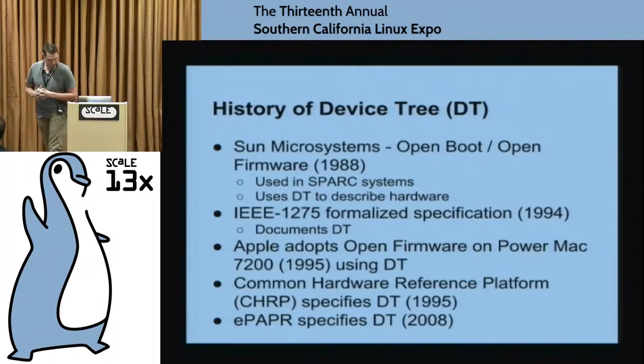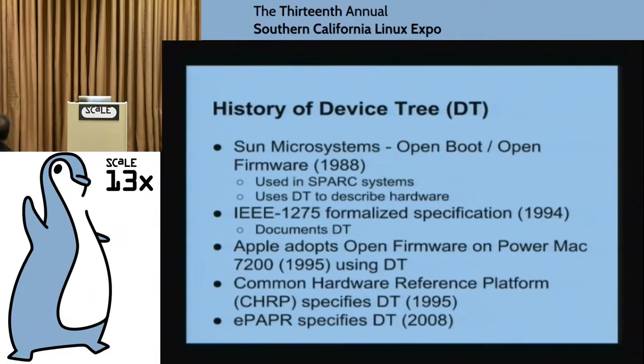So a little bit of history. A lot of people these days that are maybe doing embedded stuff, especially, is where this shows up. They always hear about ARM device tree. Okay, it was invented or something around ARM, and that's simply not the case. So if you're an old guy like me or old lady, then you go back to Sun Microsystems, SPARC systems, and it was 1988 that they had Open Boot, Open Firmware.